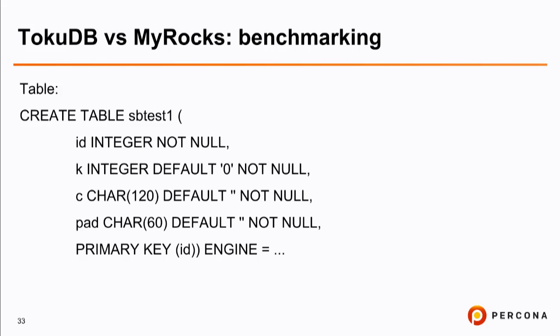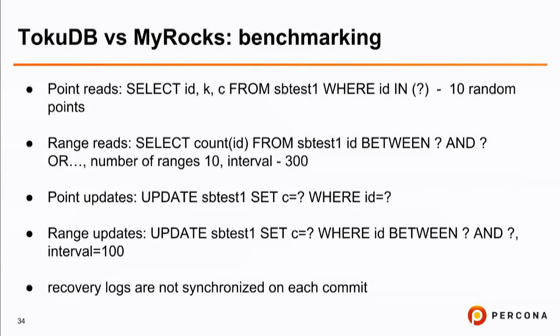Here's the table. We considered 4 kinds of loads: point reads, range reads, point updates, and range updates. And we switched off recovery logs synchronizing on each commit.